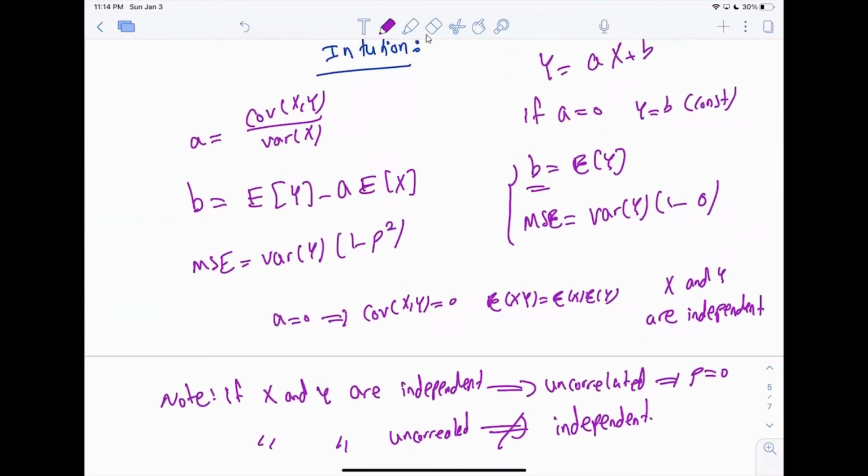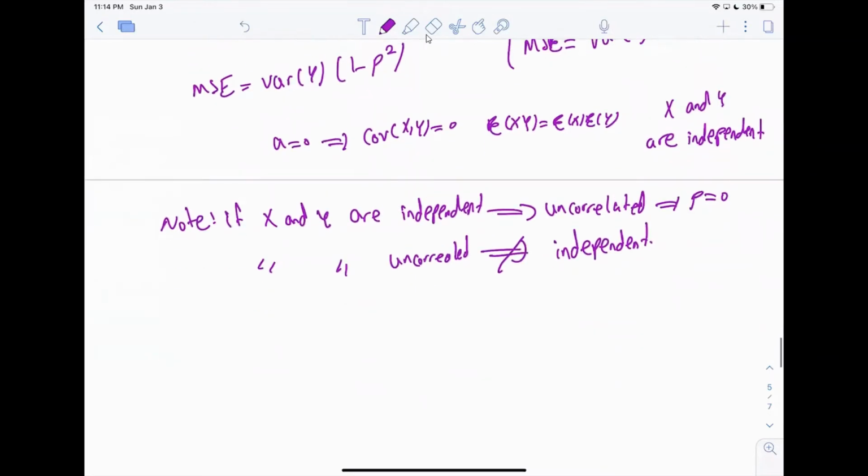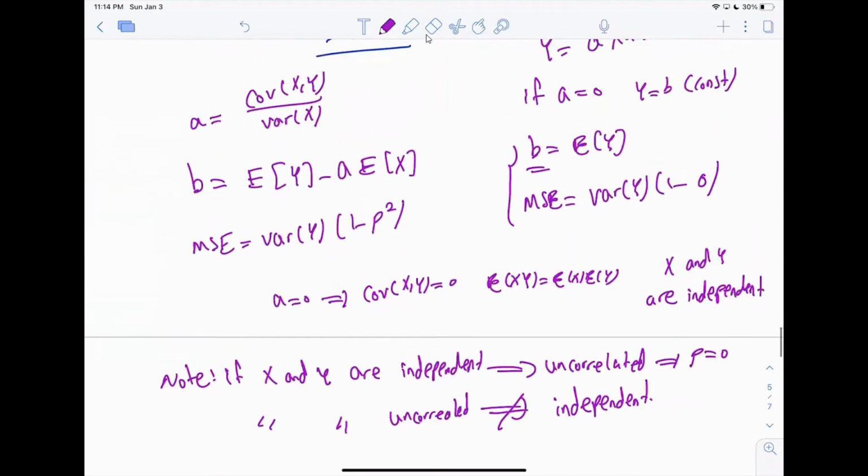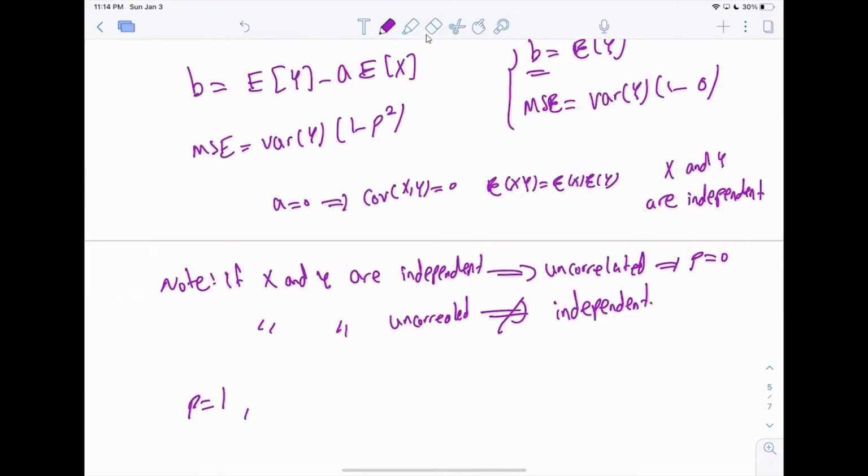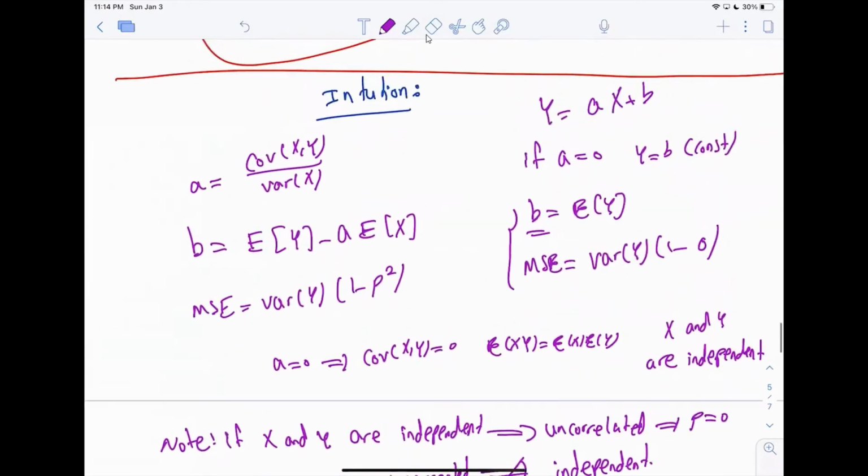Now, what if rho is equal to 1? What would happen if rho is equal to 1? Meaning that x and y are perfectly linearly correlated.